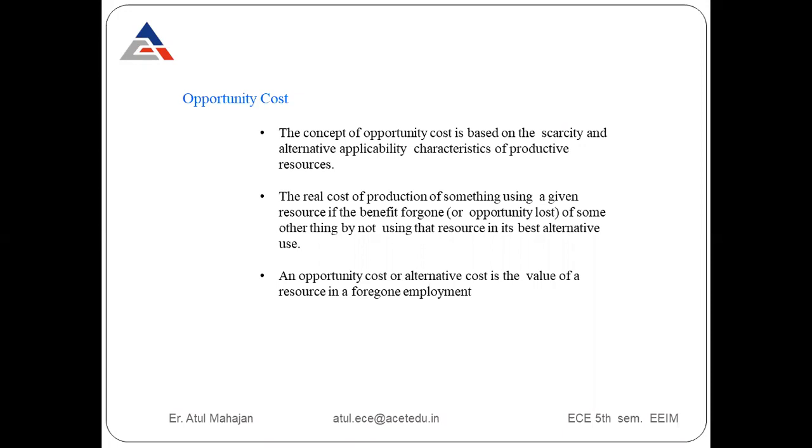By using the resource, I'm producing something, and I'm giving up that resource's best alternative use. Then that is the opportunity cost. So opportunity cost or the alternative cost is the value of a resource in a foregone employment, if I'm giving up some alternative to my ongoing employment.